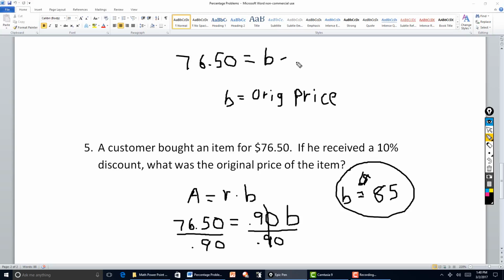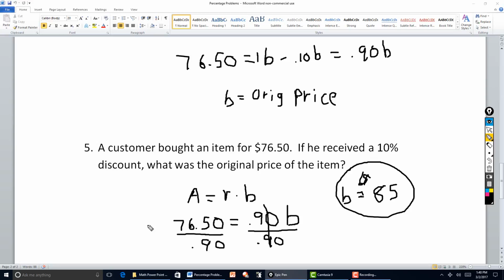So if I subtract 0.10, changing the 10% to a decimal, remember this is the 1 here in front. That's the coefficient, and it should be 1. So 1 minus 0.10 is 0.90. And so I get the equation 76.50 is equal to 0.90b.